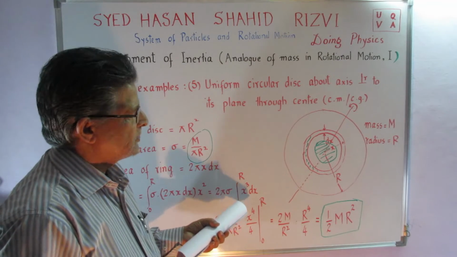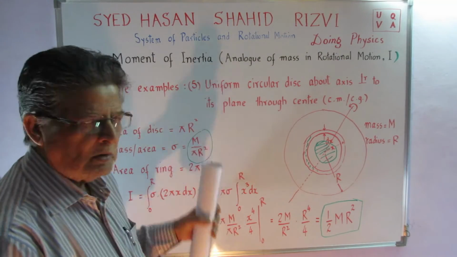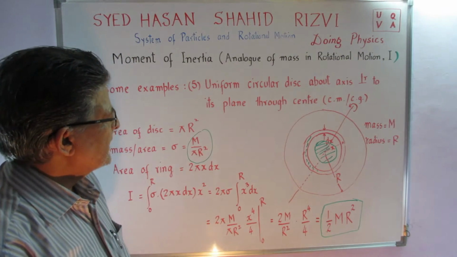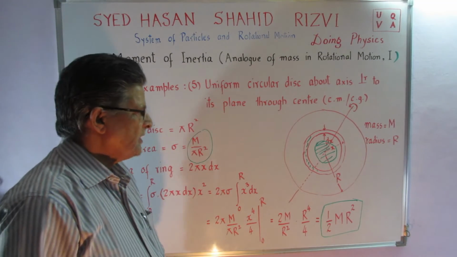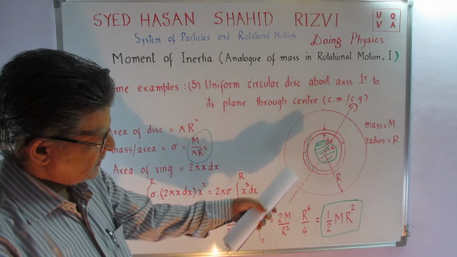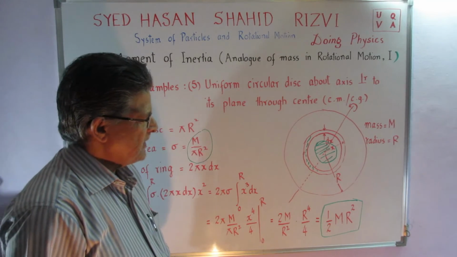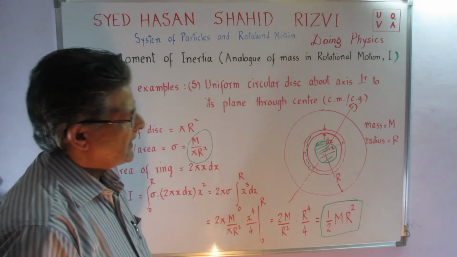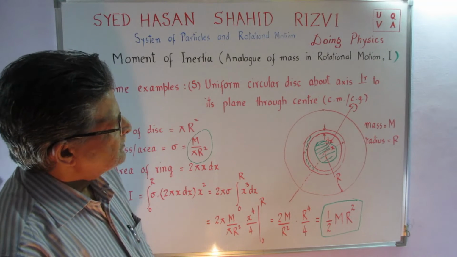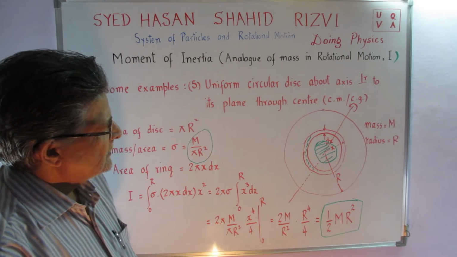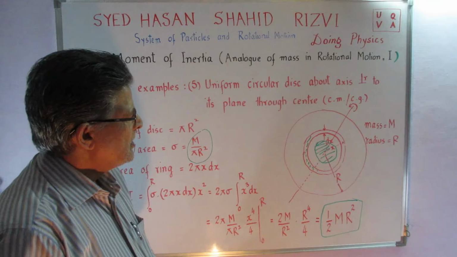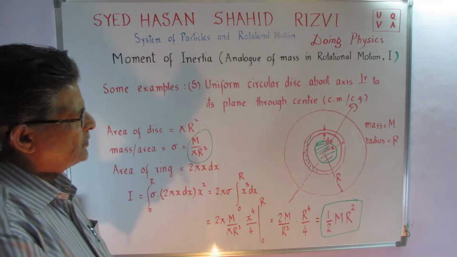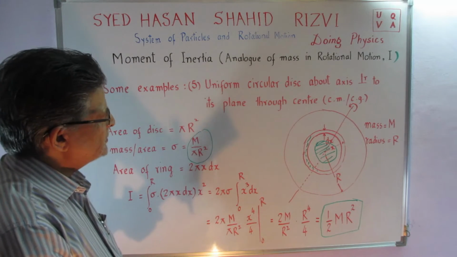The limits now turn out to be from r1 to r2, the two given things, and that is how we can calculate the moment of inertia through this kind of axis for the case of annular ring, annular cylinder, etc. The same mathematical tool that we have used is used in all these situations.